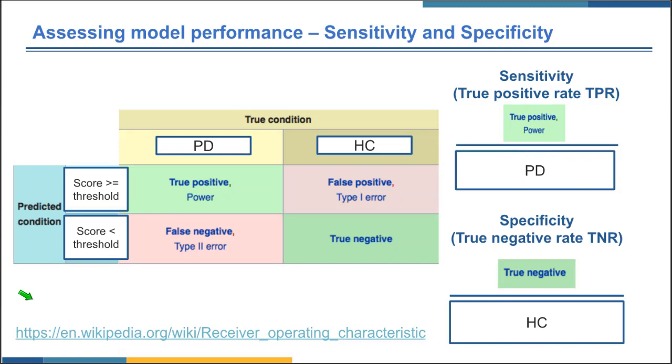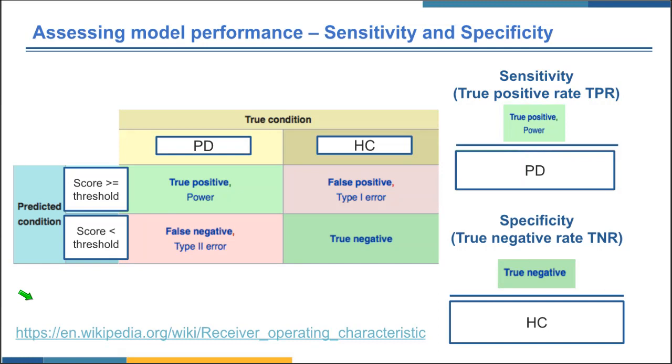And the predicted condition is because we have the score for each individual, and we come up with a threshold. The model will think anyone whose score is above the threshold is a PD patient, and if your score is lower than the threshold, we think you're a healthy person.